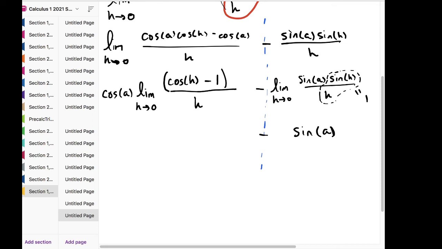What would you need to multiply this by to get some Pythagorean identity? Almost cosine, but maybe a little bit more. Good, yeah, I would want to multiply by cosine h plus 1, right? Because that would give me a difference of two squares. Just remember the similar trick we had? So you recognize that if you multiply by cosine h plus 1, then this is the factorization of a difference of two squares.